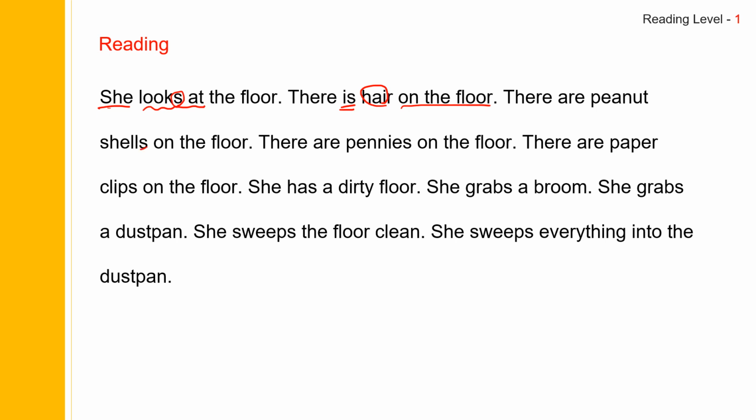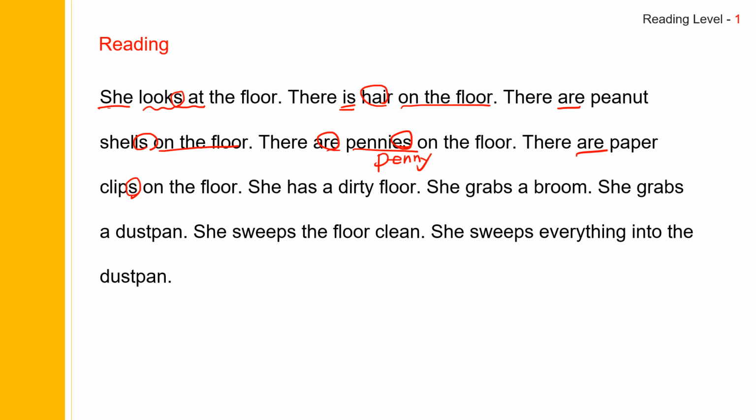Peanut shells is plural, so we need to use are. There are peanut shells on the floor. Pennies is the plural of penny, so there are pennies on the floor. And paper clips is plural, so there are paper clips on the floor.